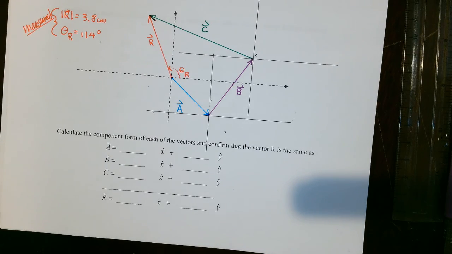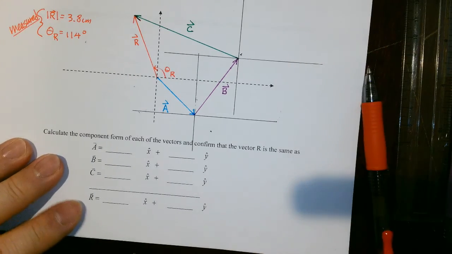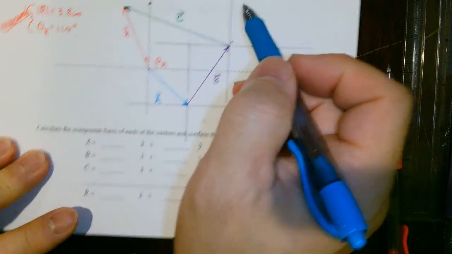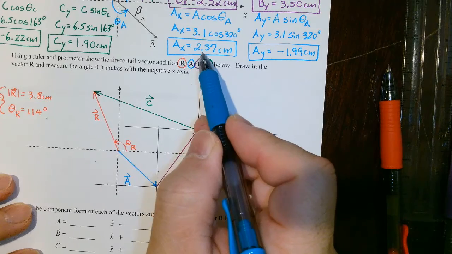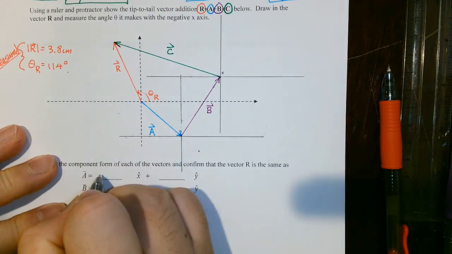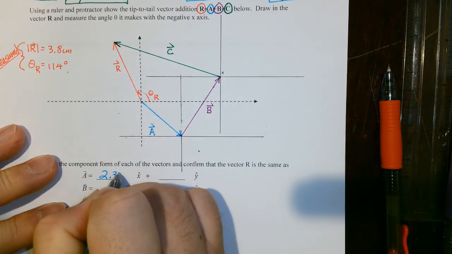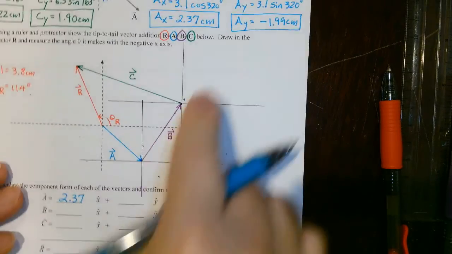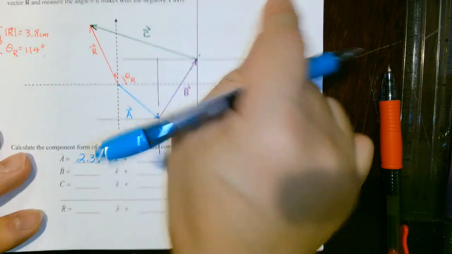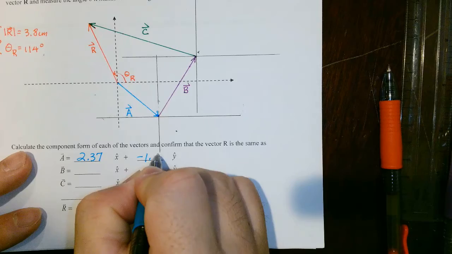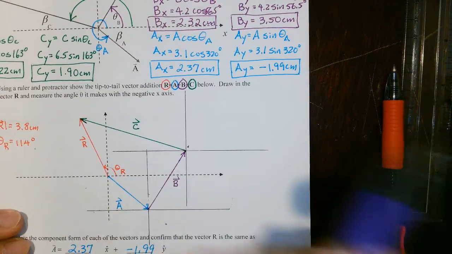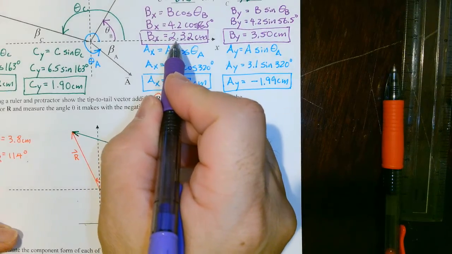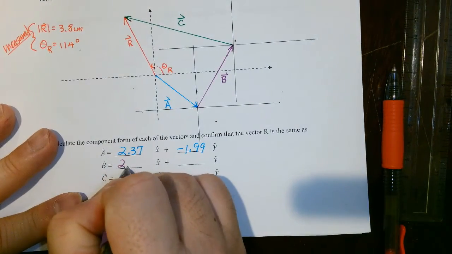So here, if we write down the A vector in Cartesian form, we calculated these components already. So Ax is positive 2.37 centimeters, and Ay is negative 1.99. And then for my B vector, my Bx is 2.32 centimeters positive, right?